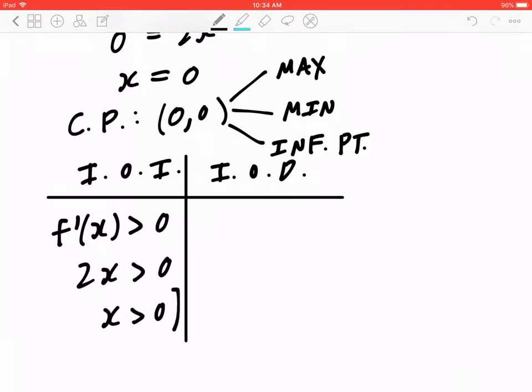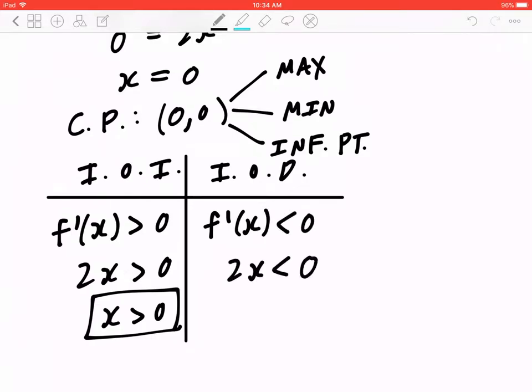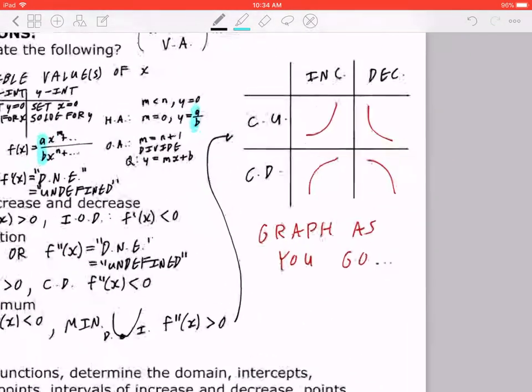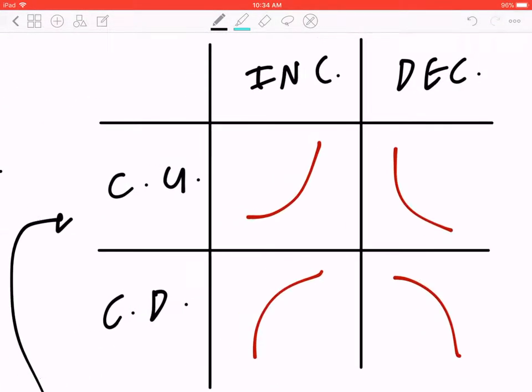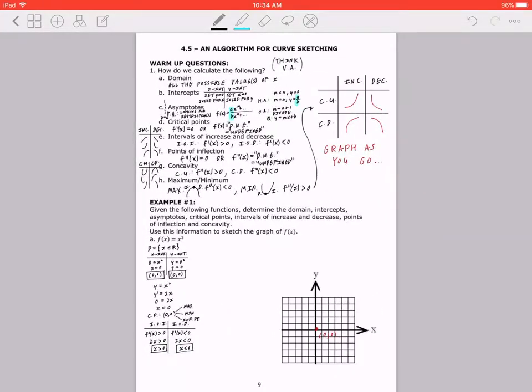And in this case, 2x is positive, for x must be positive. Likewise, to find the interval of decrease, you set the derivative to be negative. So x is going to be negative in this case. And again, we're going to come back to this. Your goal is to combine increase, decrease with concavity, and this table we're going to practice in the second last step before we put it together into a graph.